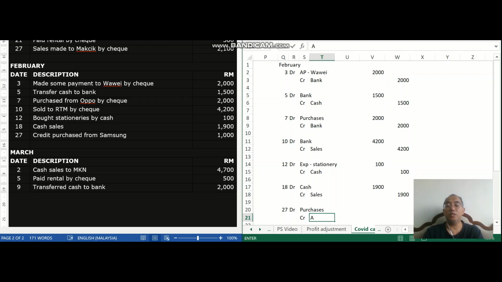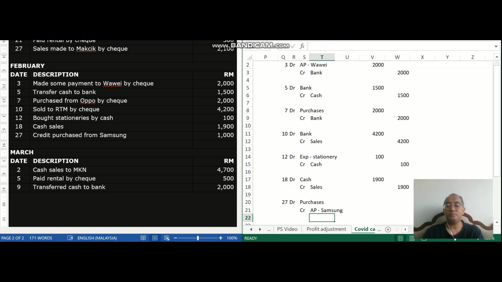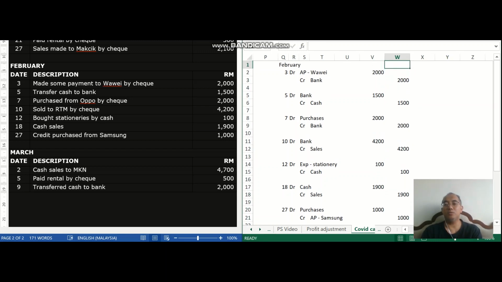So credit AP Samsung. How much? 1,000. Okay, these are our transactions for February.